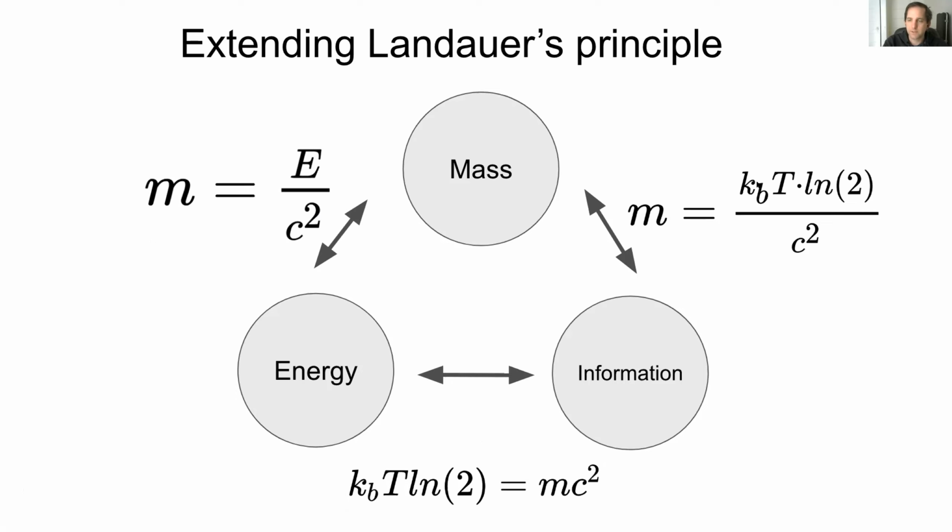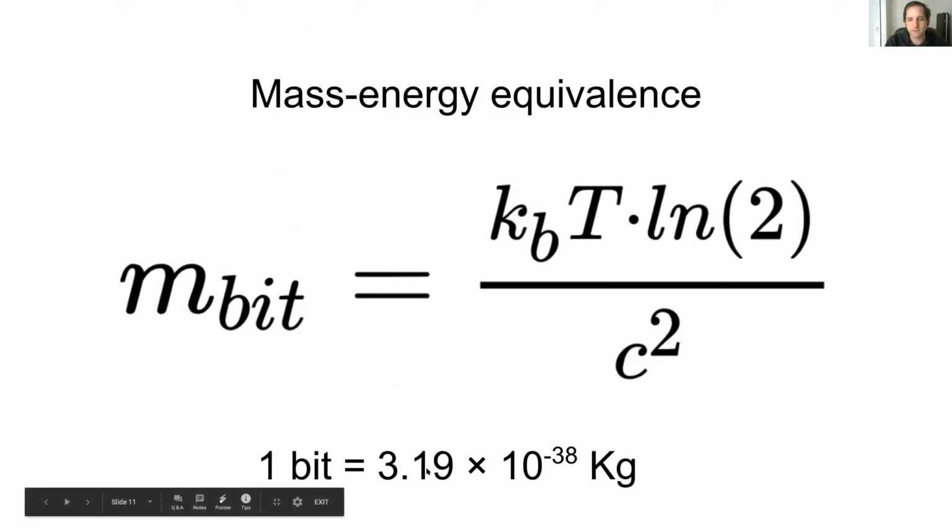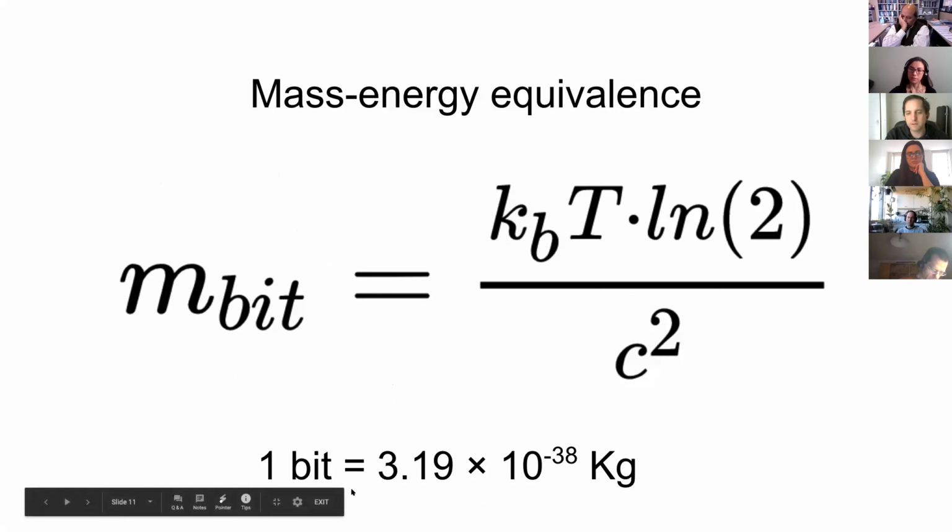And so if you replace the energy in the equivalence of m equals E over the speed of light squared, then you can equate mass directly with information. And if we plug in the values in this equivalence, at room temperature T equal to 300 Kelvin, then you can calculate the mass of one bit of information.